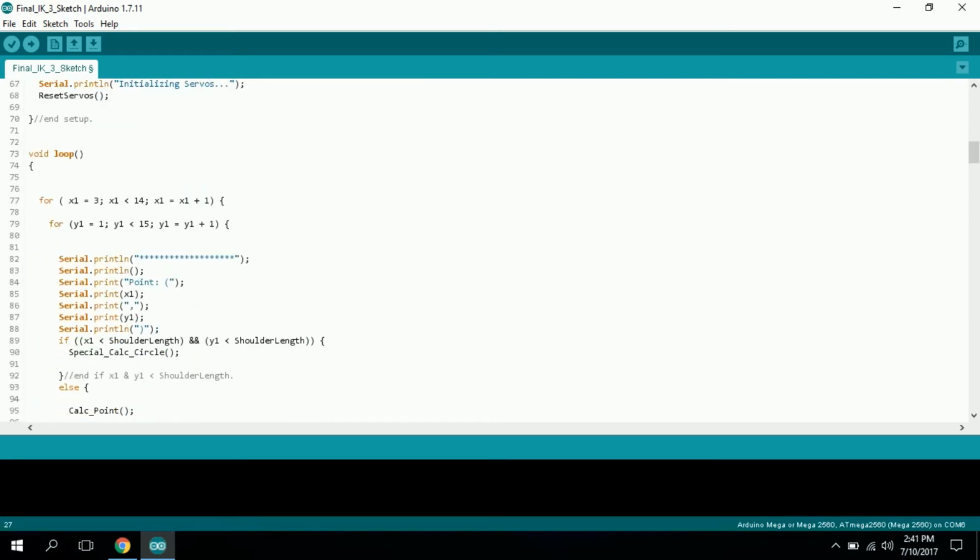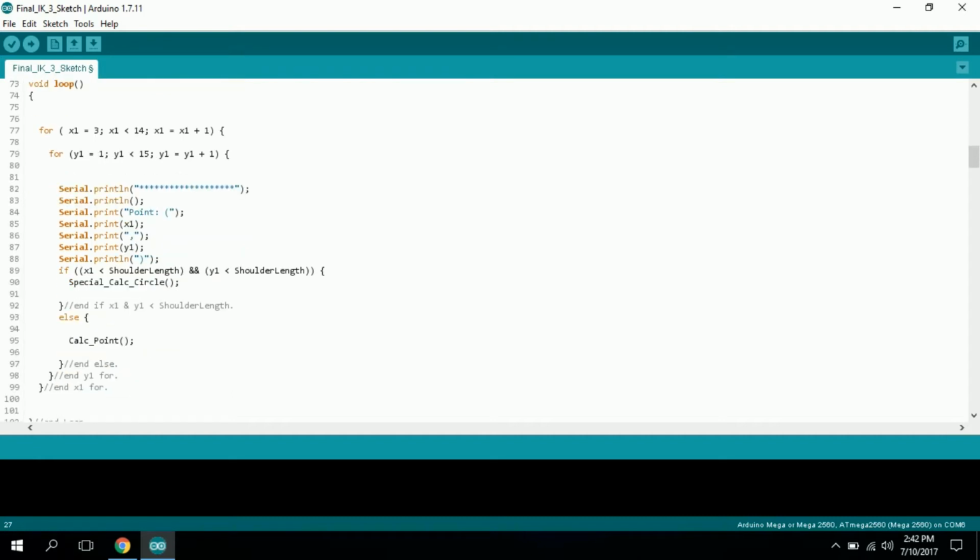If the points that it's trying to go to are below the shoulder length of 6, let's say it's 3 or 4 or 5, and the y is also below, then I do this special calc circle. That means the circle is inside the 6-inch radius, and there's a little bit of pre-calculation you have to do. It's pretty straightforward. Otherwise, the circle is outside the 6-inch radius, and you just go ahead and calculate it normally.